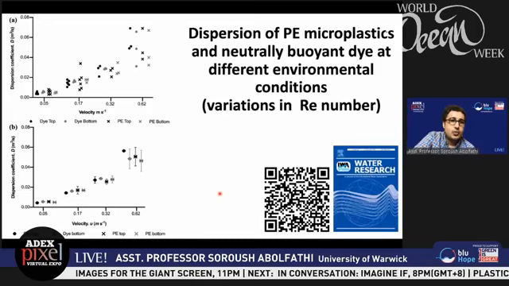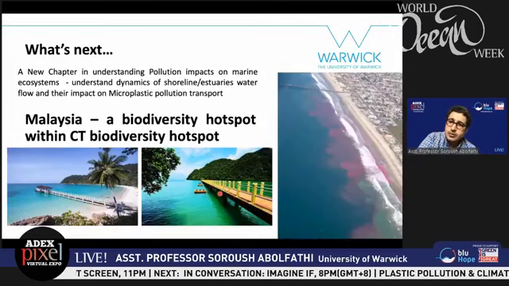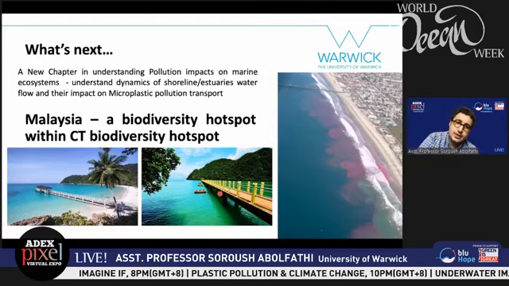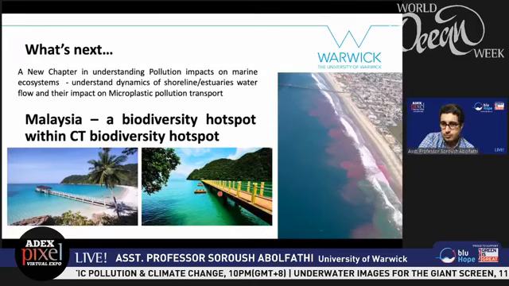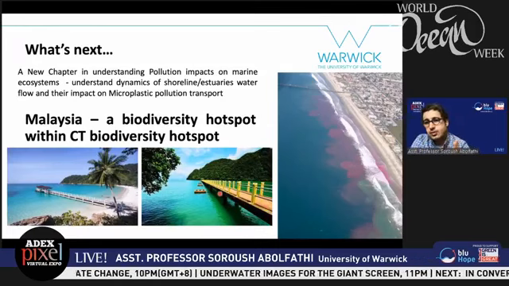So what's next? Next, I had it through an existing funded GCRF project. We came to Malaysia, and we realized that Malaysia is a biodiversity hotspot within the Coral Triangle biodiversity hotspot. It's an area of immense environmental importance.